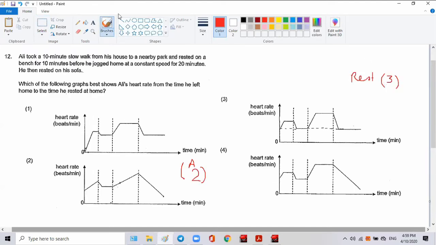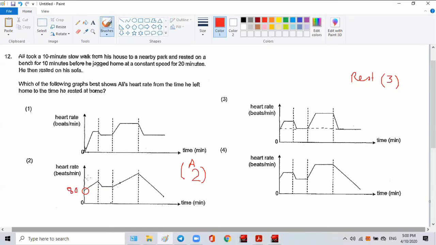Mr. Aaron, you understand what he's trying to tell you. When you start, he didn't do anything at the start. He just started with a slow walk. Let's say, for example, his heartbeat starts at 80.